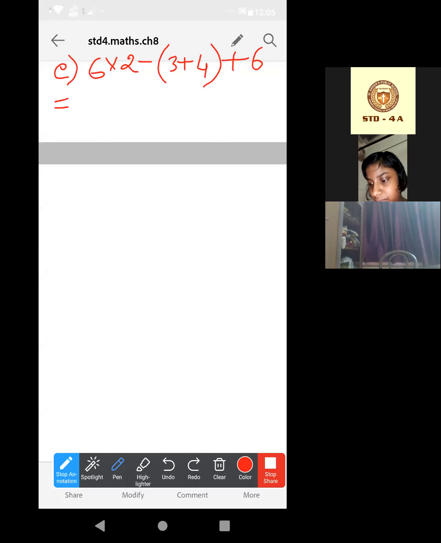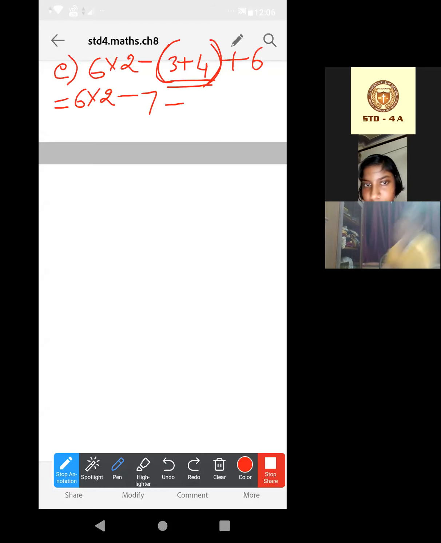First bracket. What is given in the bracket? It is addition. Before addition, we have to do multiplication. But this one is a bracket too, so do this calculation first. 6 into 2 will remain as it is. 4 plus 3 will be 7, plus 6. Now multiplication first.